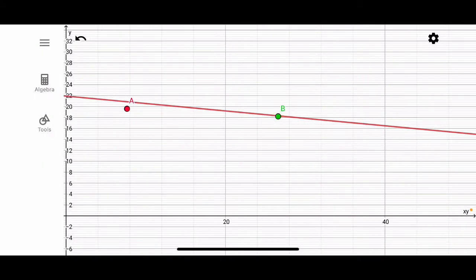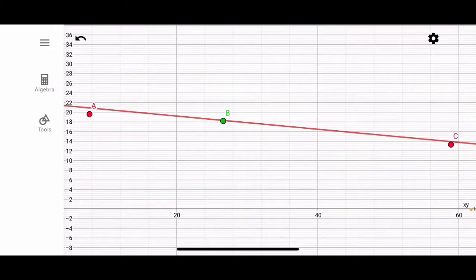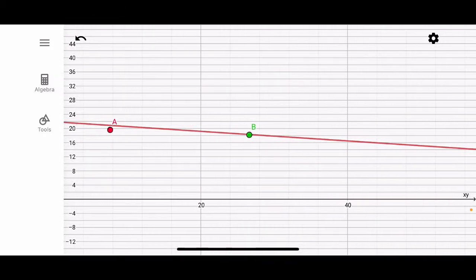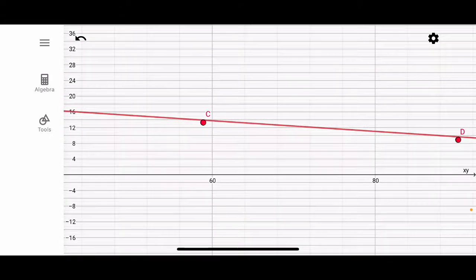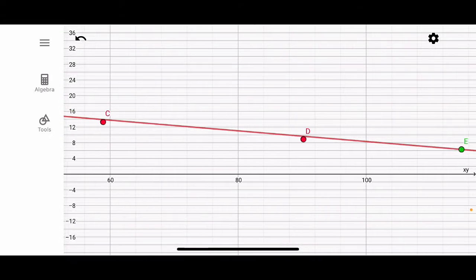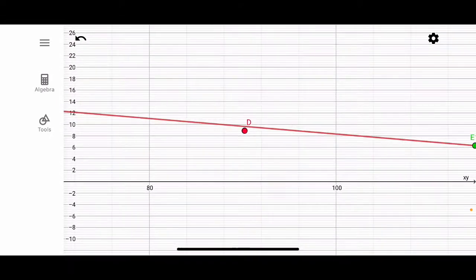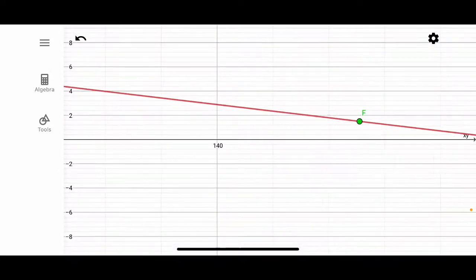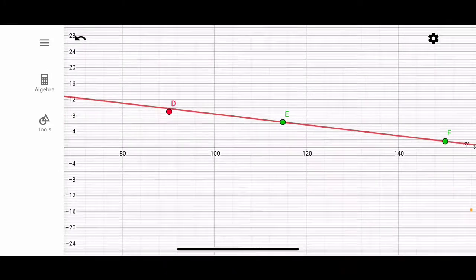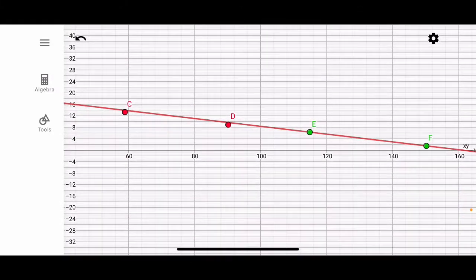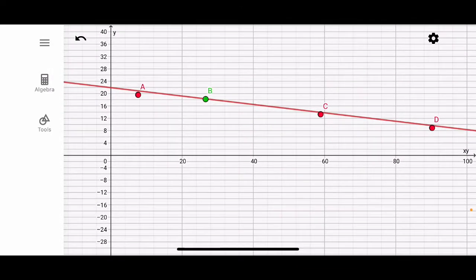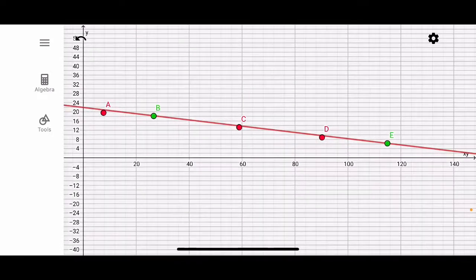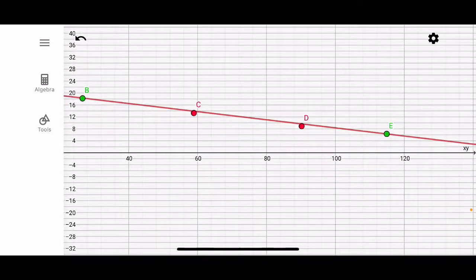Let's see. We have 1 point A out. C is out. If you zoom closer, it looks like it's out. And then for this point, D also out. So for F, yes, we have 2 points E and F on the line. But then, as you can see, we have 3 points B, E, F on the line.